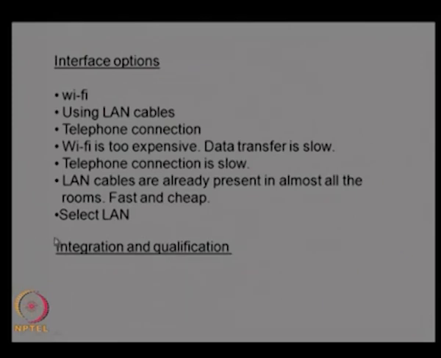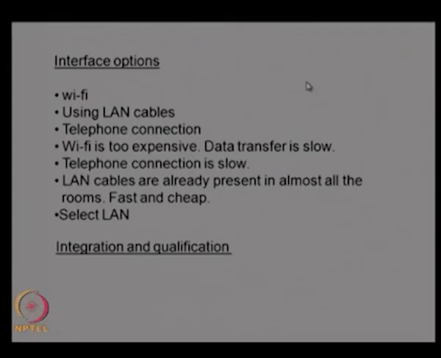The next one is the integration and qualification of the interface. When selecting interfaces, there will be many interfaces to be chosen. So we choose all the interfaces and all the components, and then have the system integration and qualify the system.